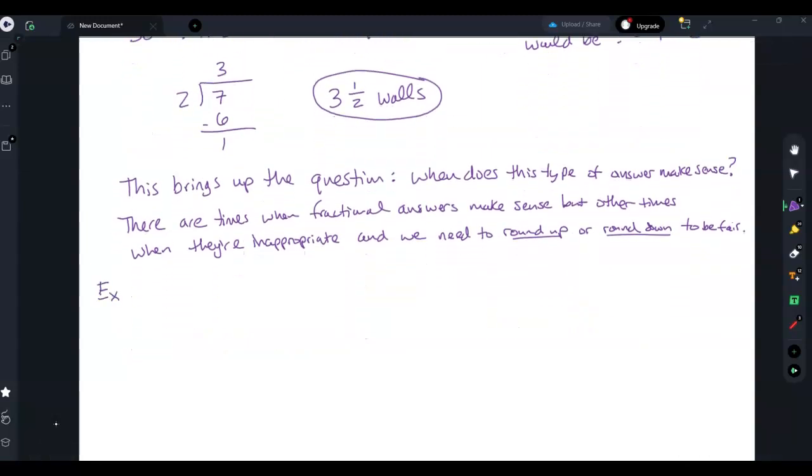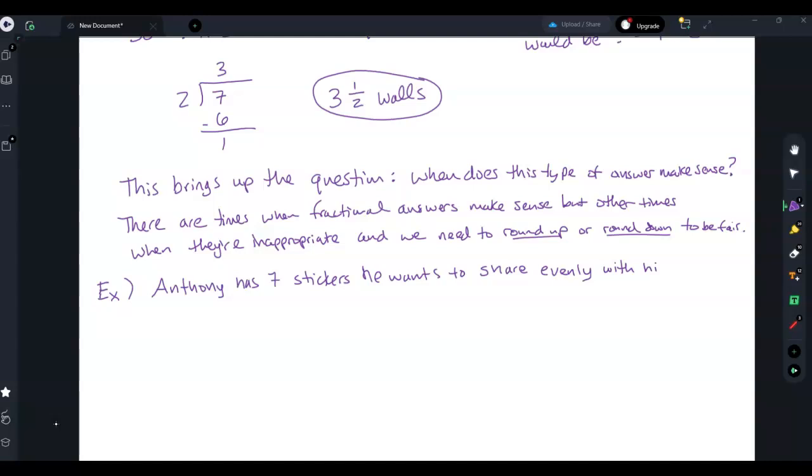So this next one, let's say Anthony has 7 stickers that he wants to share. If you're writing story problems and anytime you're splitting things, make sure you say equally or evenly. That's an important word to put in there.